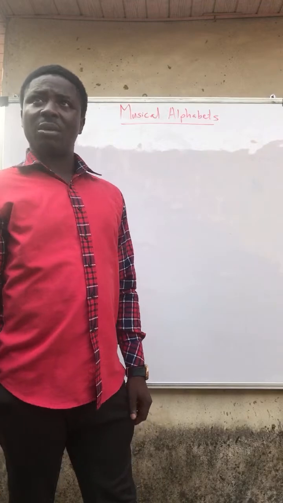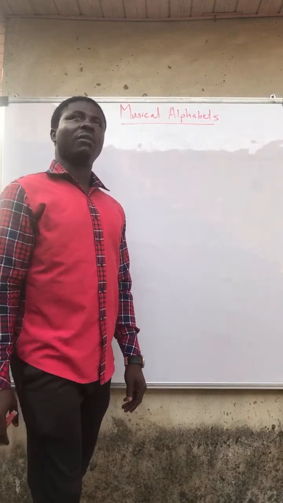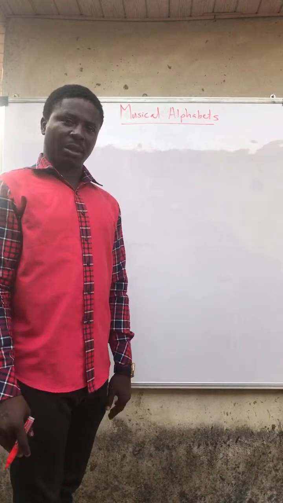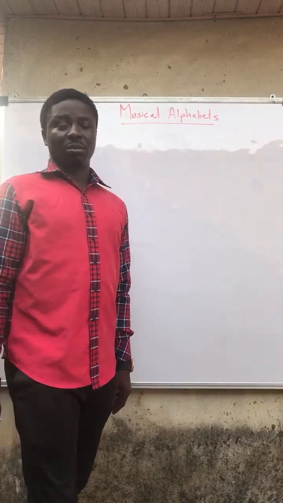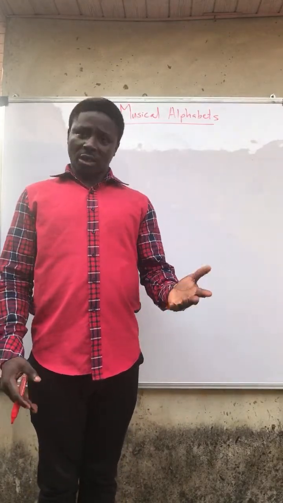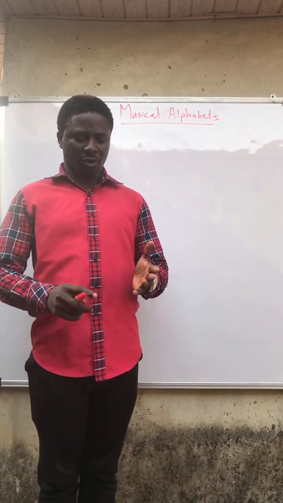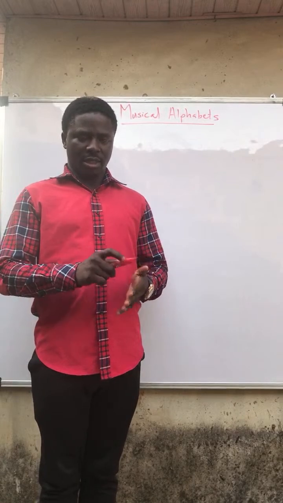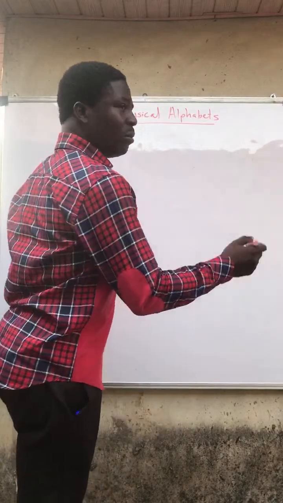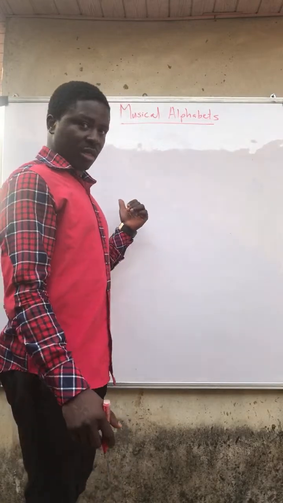In English we have 26 letters, but in music we make use of only seven: the first seven letters of the English alphabet, A, B, C, D, E, F, G. Of course, we are going to learn how to read, but this is where to start.